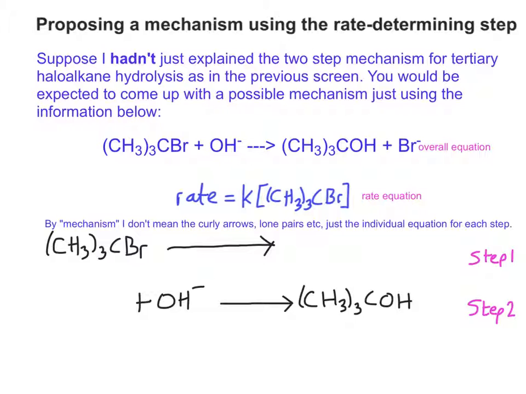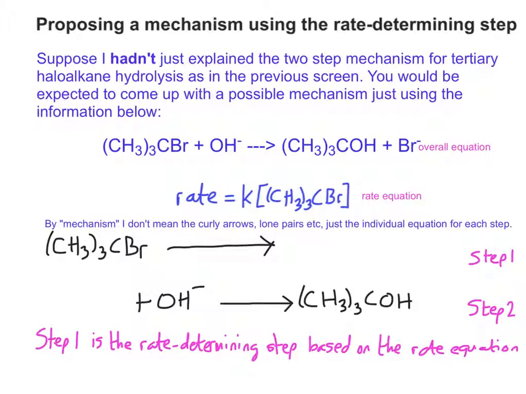Well, we can start by writing this out. Let me try and explain what each one means. If you look at the rate equation, you know that there's only one species in the rate determining step. So that's the slowest step. So step 1 can be the rate determining step.